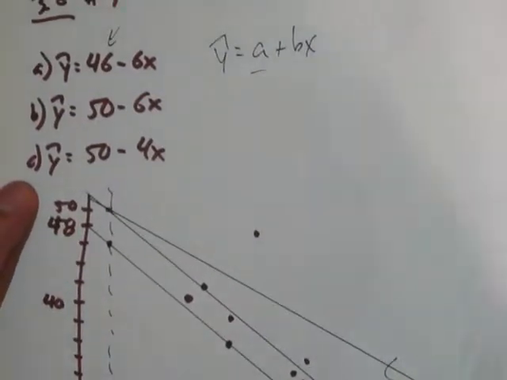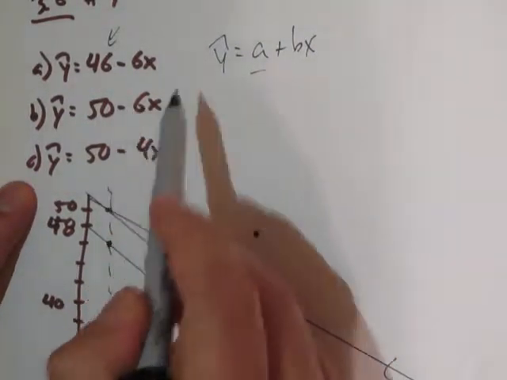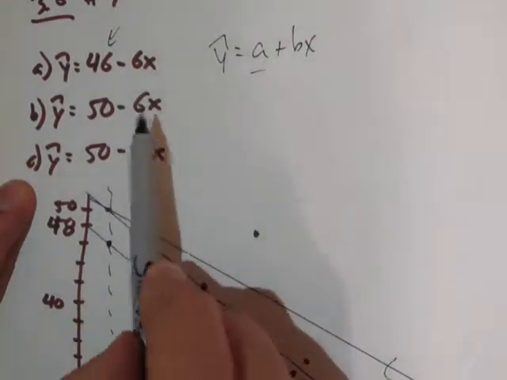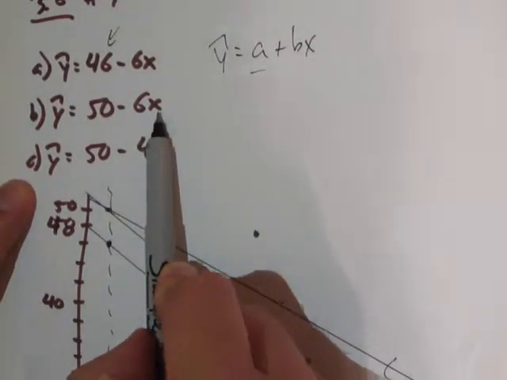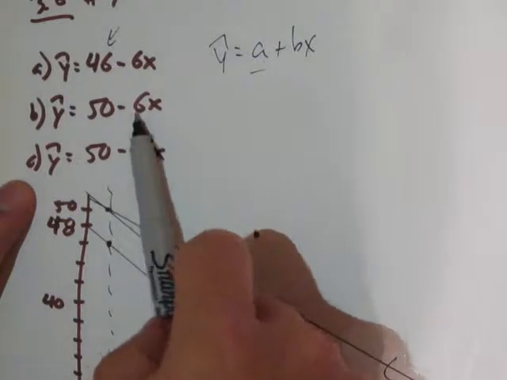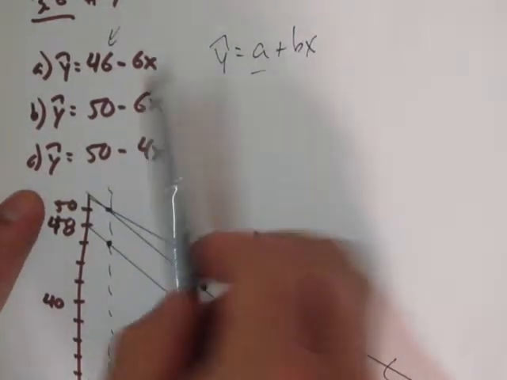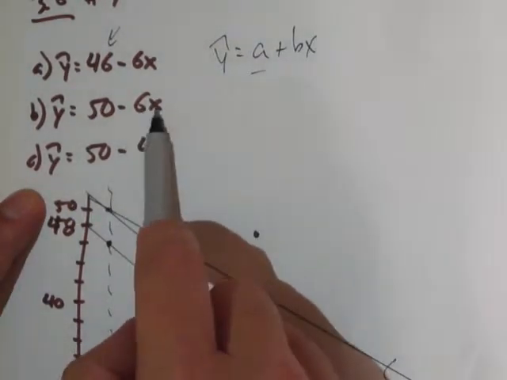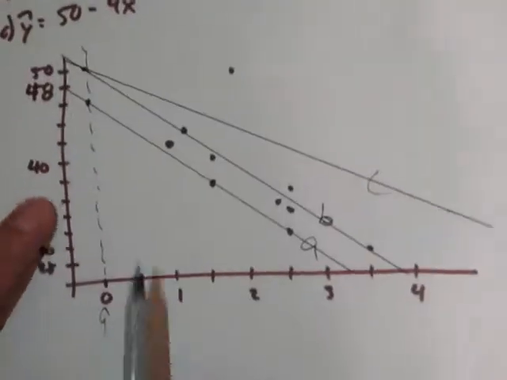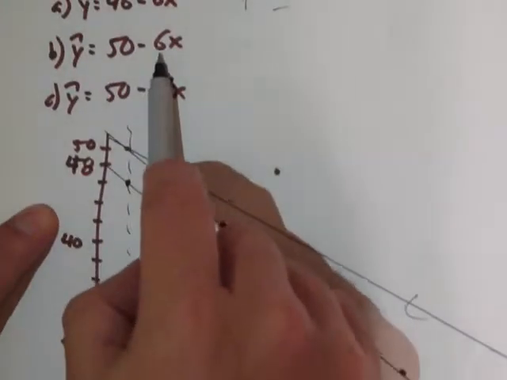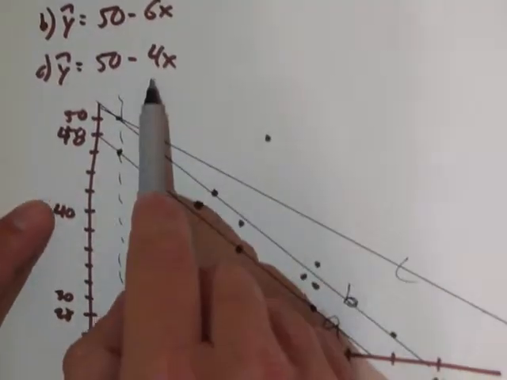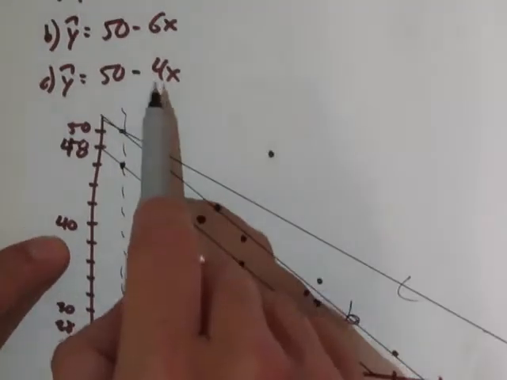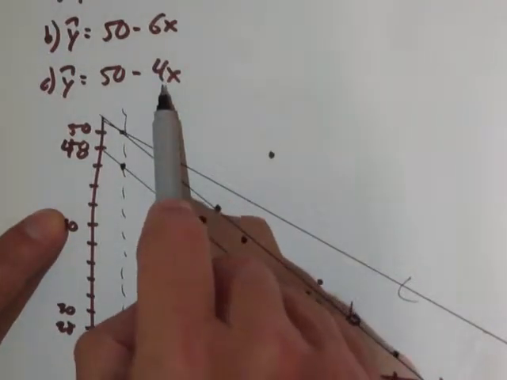Another way to think about this is this one, the slope is a -6, this is a -4. Remember, the slope is for every time we increase x by 1, we change the y value by whatever the slope is. For this line, I increase x by 1, so I go over 1, and I decrease by 6. For the other line, I increase by 1, and I only decrease by 4.